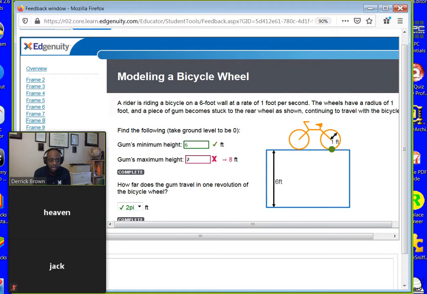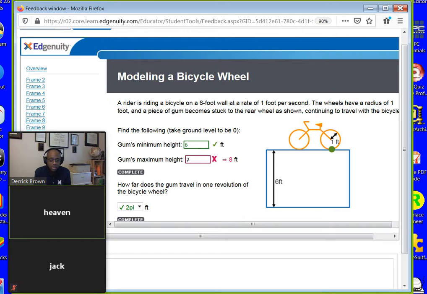Now trust me, if the Edgenuity folks were thorough, they would animate this and they would let you see this point travel to this point and to this point so that you can visualize that it is now 6 feet plus 2 feet above the ground when it gets to that point. Now, perhaps the subscription level we paid for doesn't include video animation.